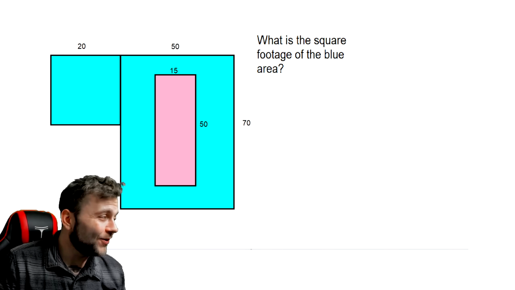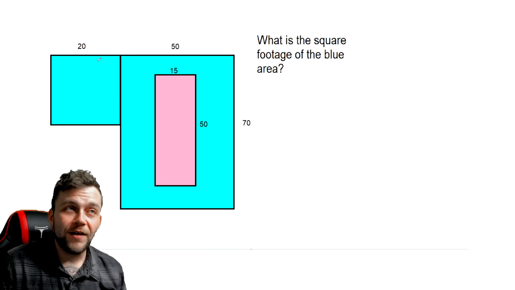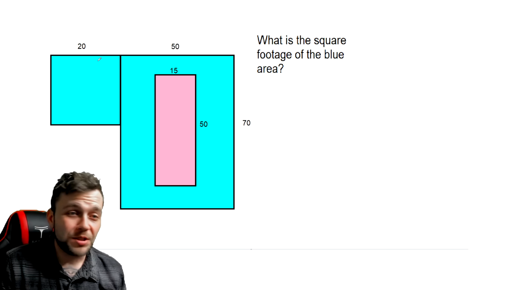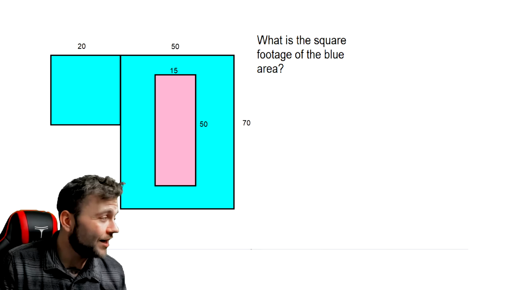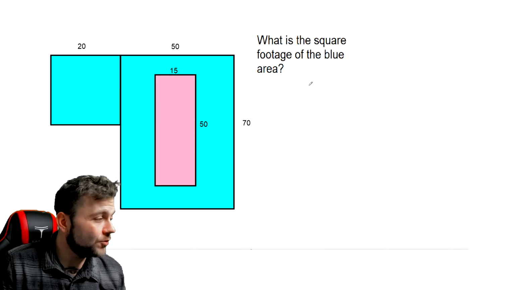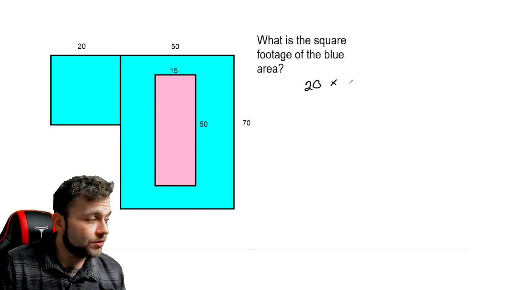Let's go ahead and figure this problem out. So we have the square. All you have to do is break math down into the smallest pieces and take them one bite at a time. So here's our square, and that is 20. Our side is 20. And to find the area of a square is you just do side times side. So 20 times 20, and that is 400.